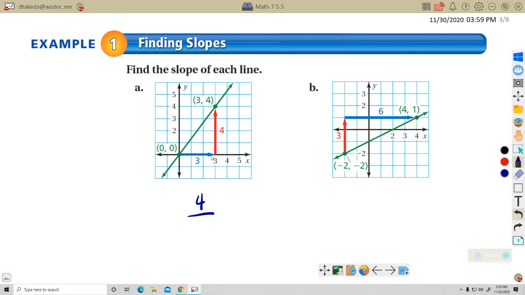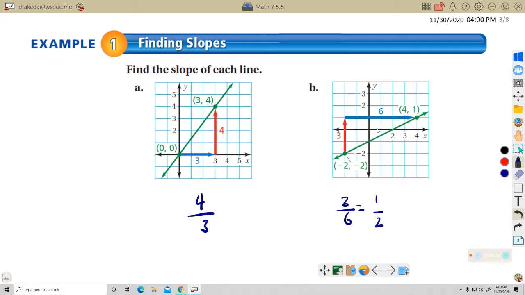The change in the x value is 3. That goes on the bottom. So 4/3. For letter B, the change in y is 3. The change in my x, as I go from left to right, is 6. They label these things for us, 3/6. But that reduces to 1/2.